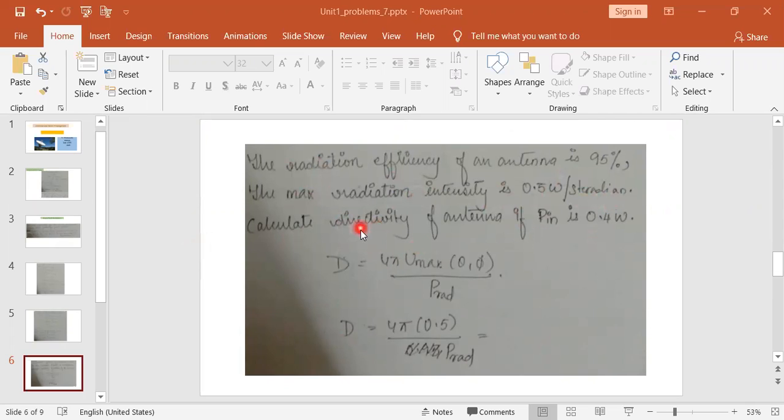We have to calculate the directivity. So we know that directivity D is equal to 4 pi into U max by P radiated. In this problem, U max is given as 0.5 watts per steradian. But P radiated we can calculate by using the formula below.